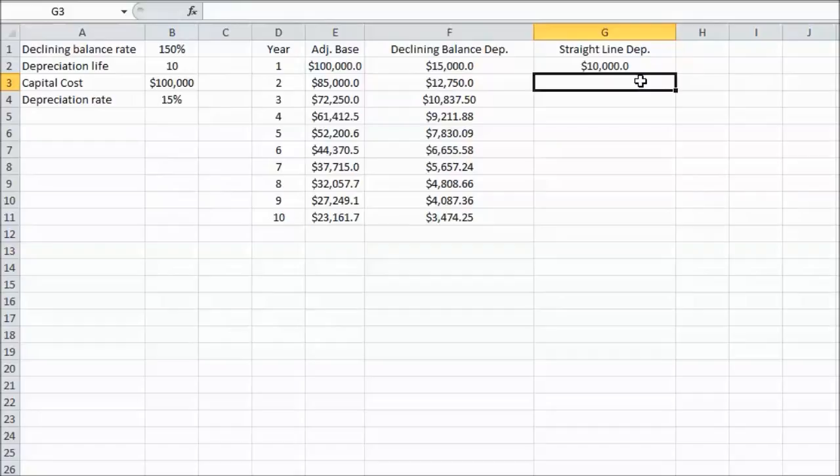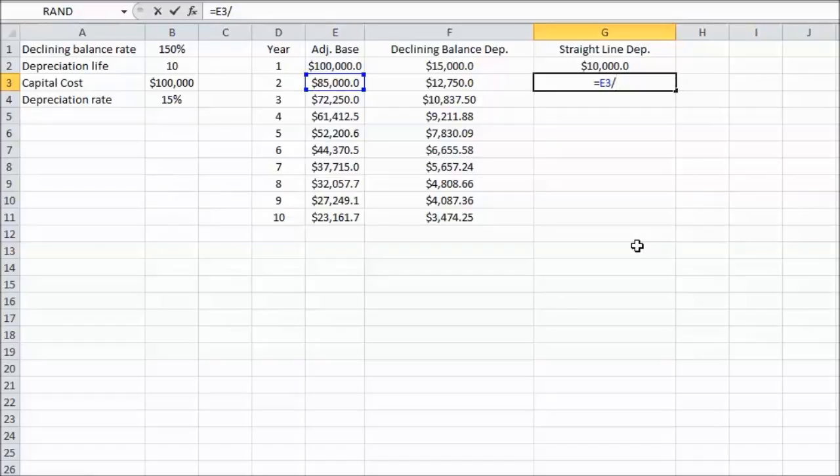For the second cell, I will use the leftover depreciable value of the asset, which is this $85,000, because we already received this $15,000 of depreciation as tax deduction for year one. And we are going to have 9 more years. So I'm going to formulate this in a way that I can just apply that to the other years.